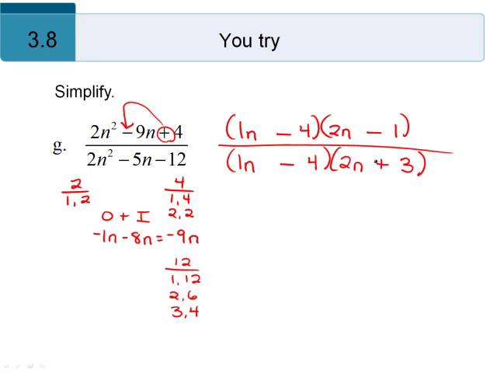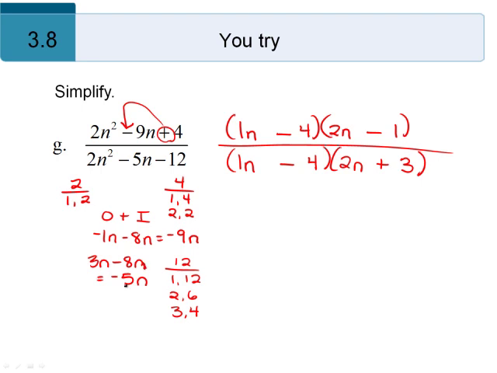So I knew that we need to put that negative first. Check the outer and the inner. The outer term, 1n times 3, would be 3n. That's the outer term. And the inner term, negative 4 times 2n, is negative 8n. And that gives me negative 5n, which is what I wanted.